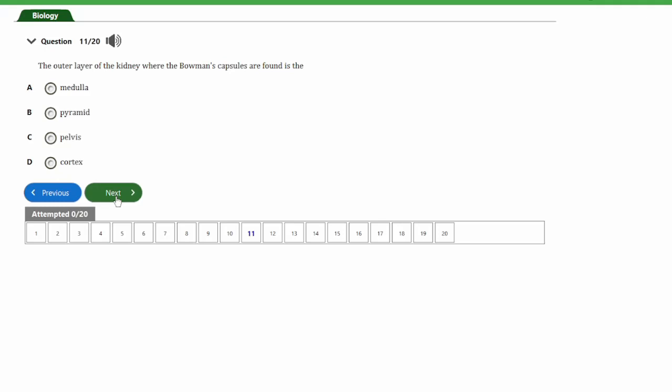We have the deeper part, that's the medulla, and then we have the outer layer, and that's the cortex. And it's around this cortex that you find the Bowman's capsule, whereas in the medulla you find the loop of Henle, the descending and ascending limb there.